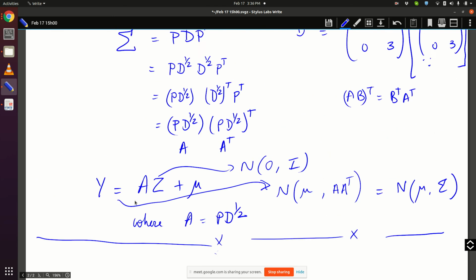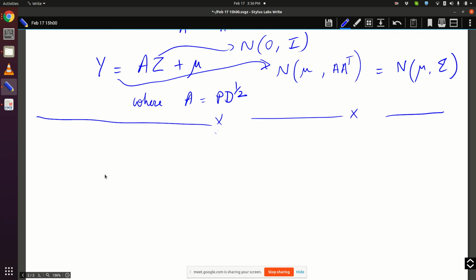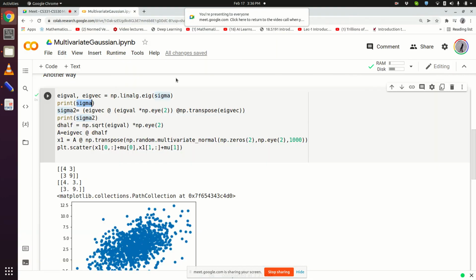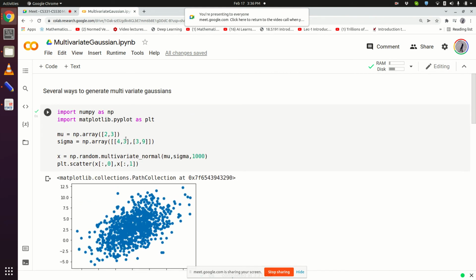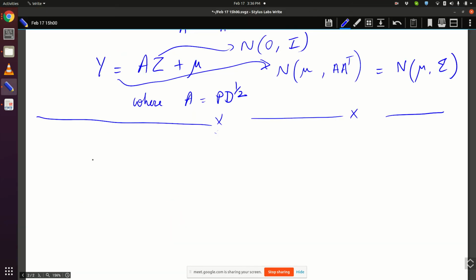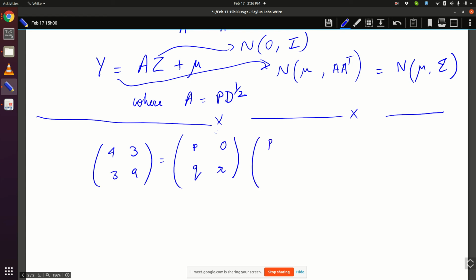Now I will show you another way to get this particular matrix. Suppose I tell you that sigma, 4 3 3 9, I can get by multiplying a lower triangular matrix with entries p, 0, q, r and its transpose.